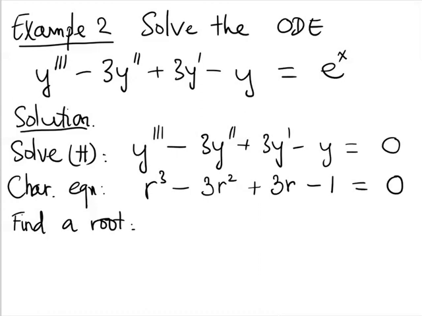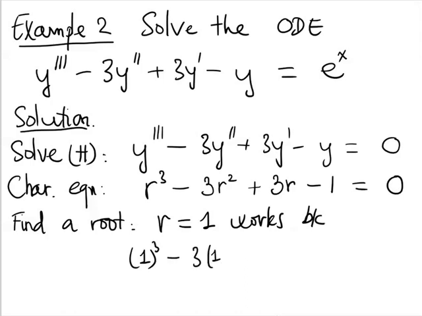You check r equal to 1, 2, minus 1, minus 2, etc. to see which one works. And it turns out r equal to 1 works because 1 cubed minus 3 times 1 squared plus 3 times 1 minus 1 is equal to 0.